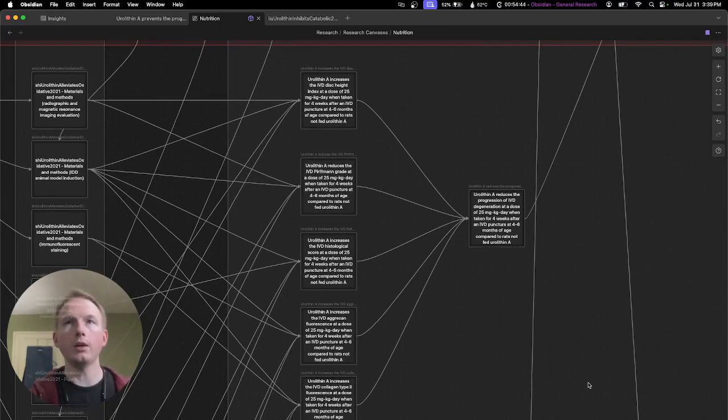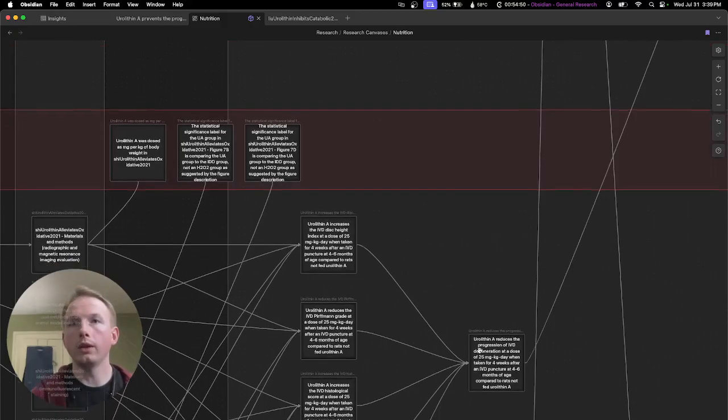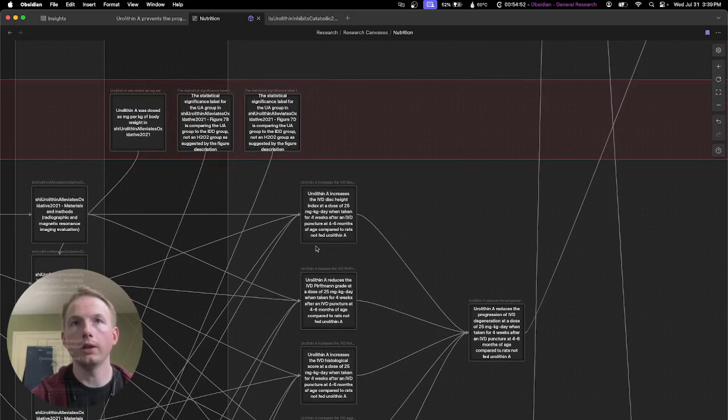I just want to know, can it prevent disc degeneration in general or not? So I think grouping them together, like I've done here, basically creating all the baseline insights, grouping them into one more general one, and attaching the assumption about age to that one would make the most sense.